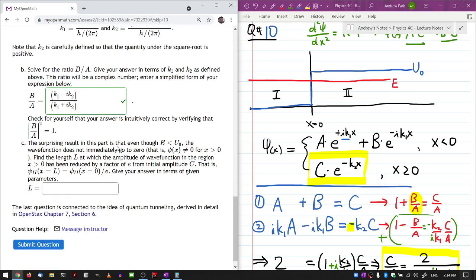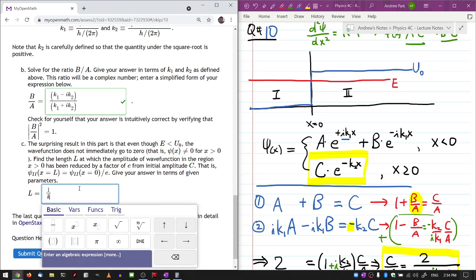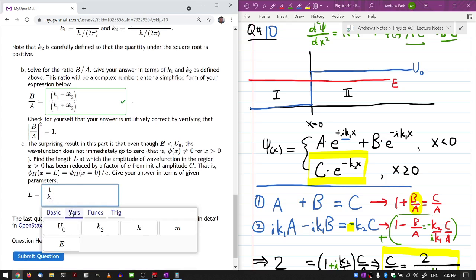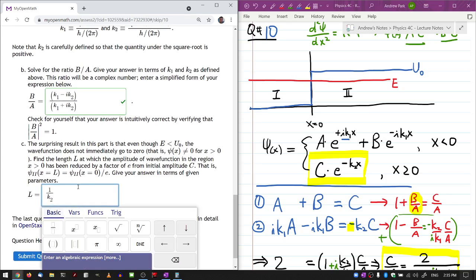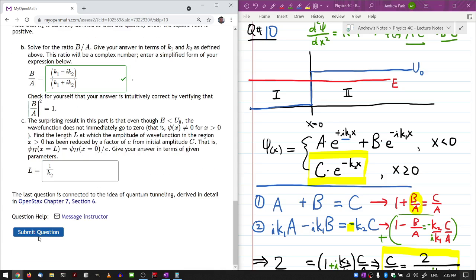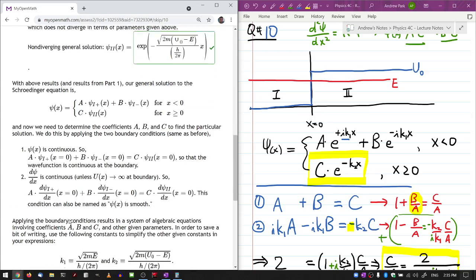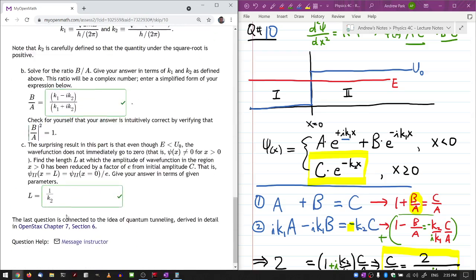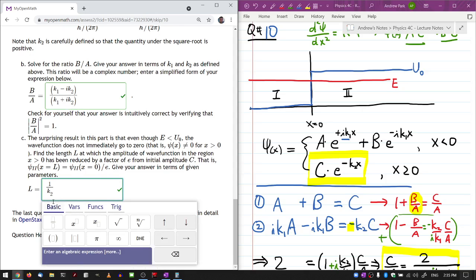I guess I can answer in terms of K2. I hope. 1 over K2. That's it. I wonder if this question accepts the long form as well. I'll check it later.